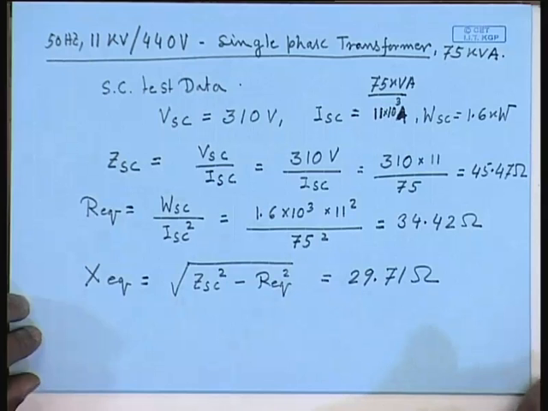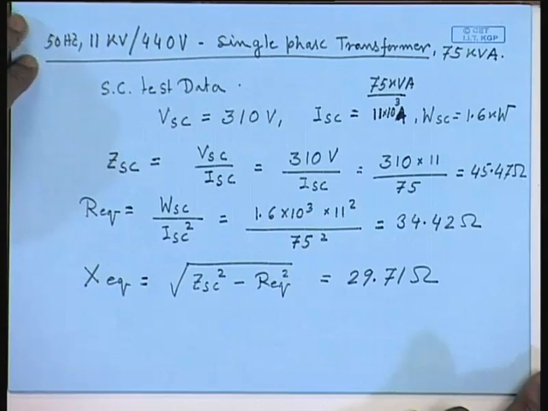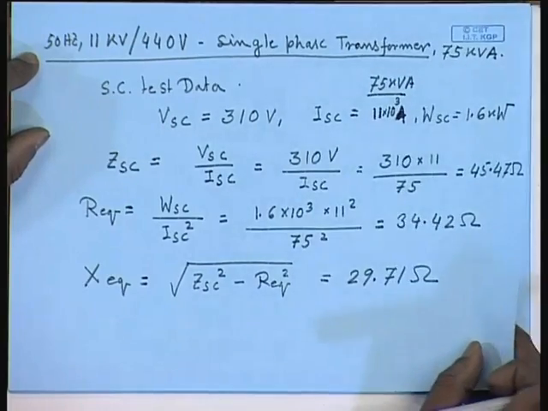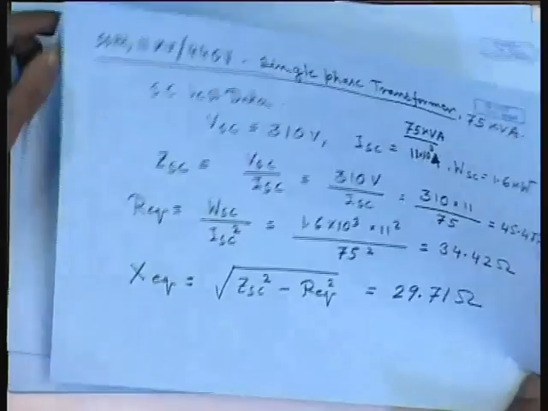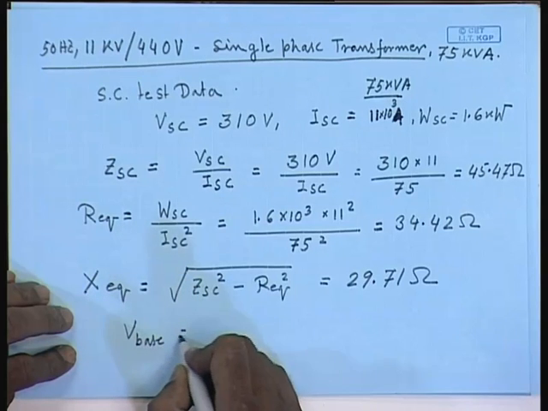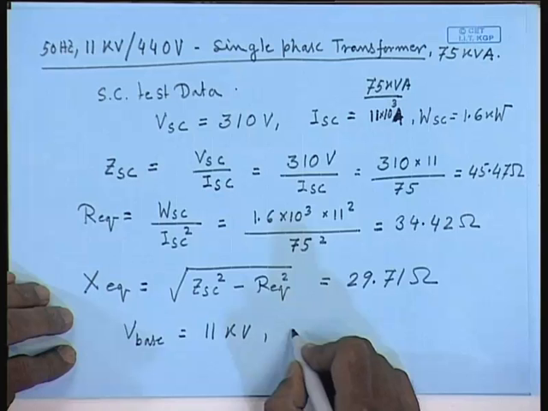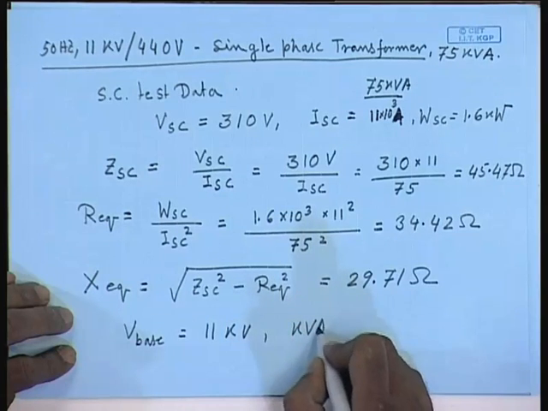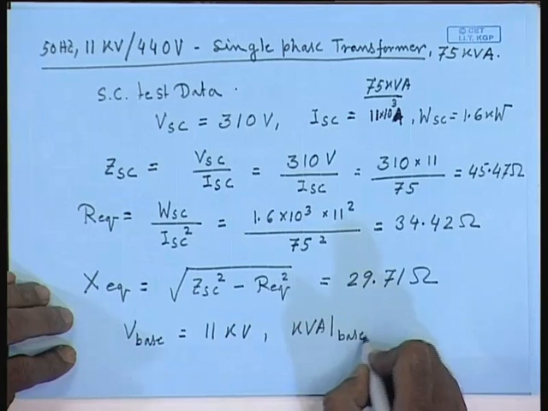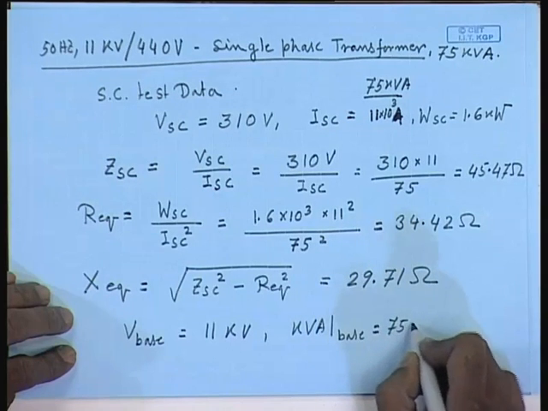Now, we have to convert them to per unit values. Since the short circuit test is done on the HV side, V base is equal to 11 kV and kVA base of course is equal to 75 kVA.